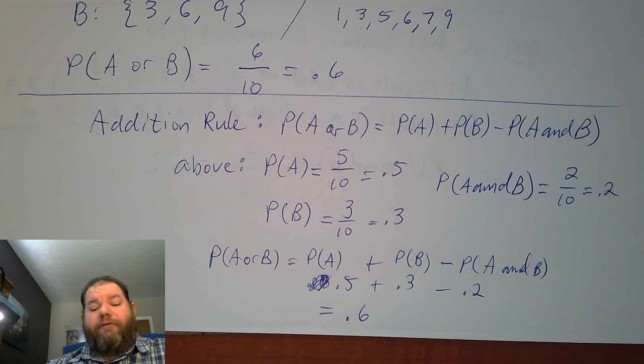So right there, that's really two different approaches to finding the same thing. Overall, I would recommend the addition rule because generally speaking, we're going to have more than 10 possible outcomes. It just depends on the particular event or set of events that we're looking at.